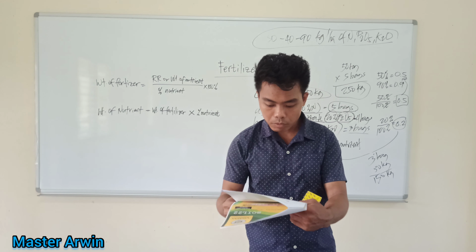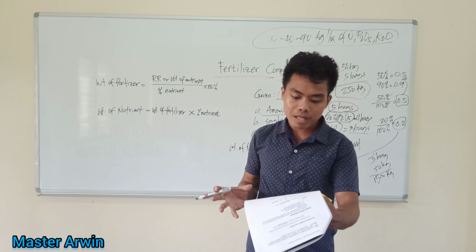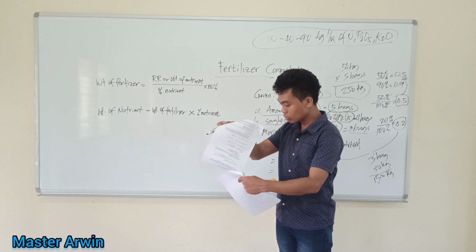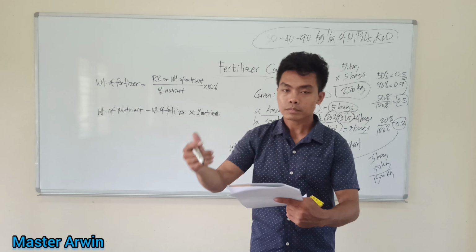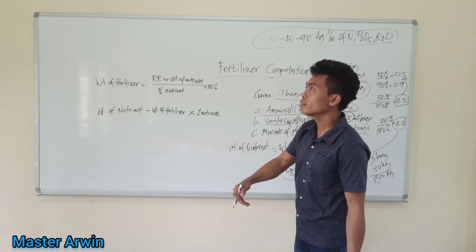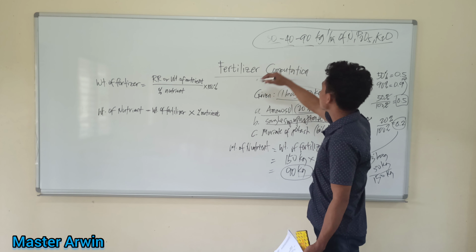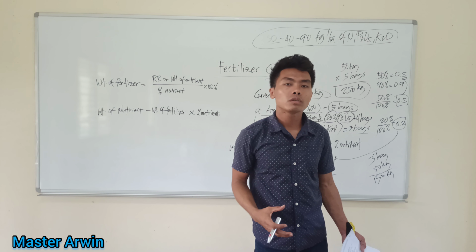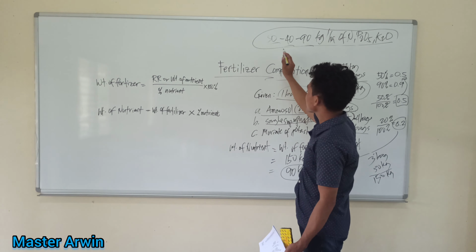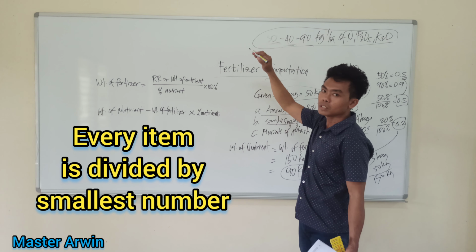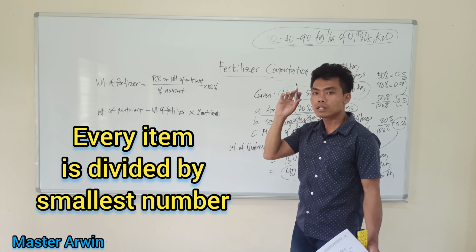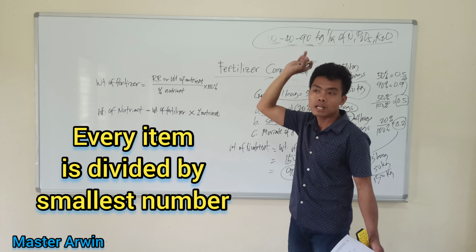We have another question. What was the approximate ratio of the fertilizer elements? Okay? So when you have a ratio, the rule is, if we have three items, 1, 2, 3, and you want to ratio your items, everyone should be divided by the smallest number from the items.